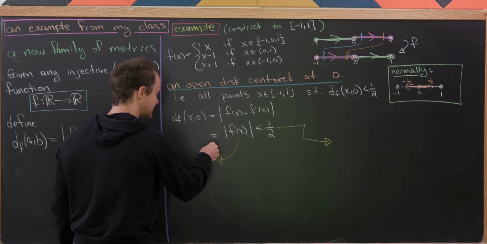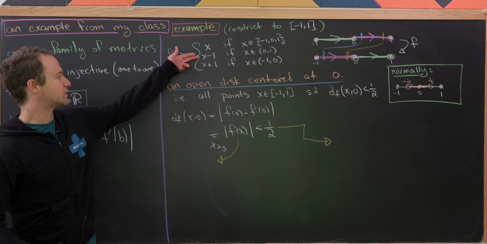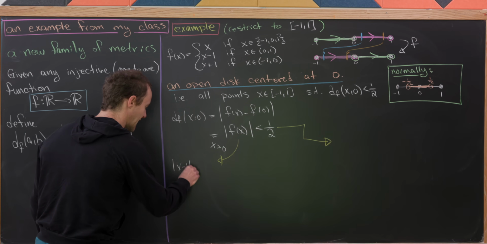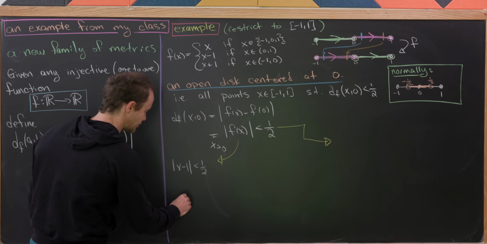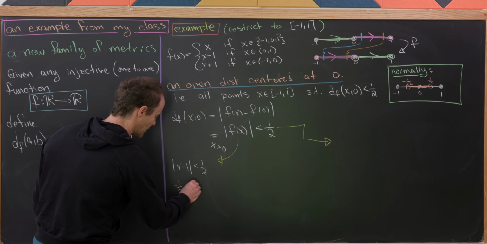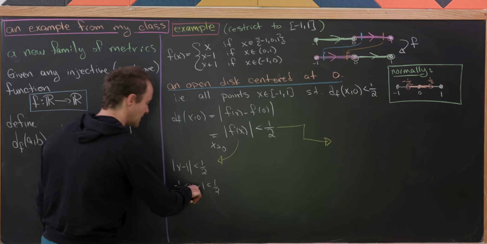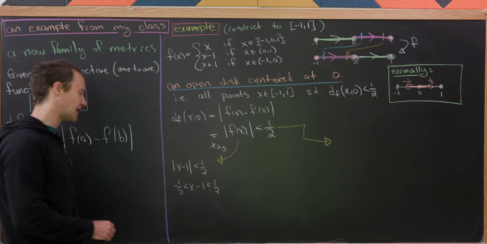Let's in this case look at the case when x is bigger than 0. So that means we're in this zone. That would give us the absolute value of x minus 1 is less than 1/2, which in turn gives us negative 1/2 is less than x minus 1 is less than 1/2. By the way, an absolute value inequality turns into a compound inequality.